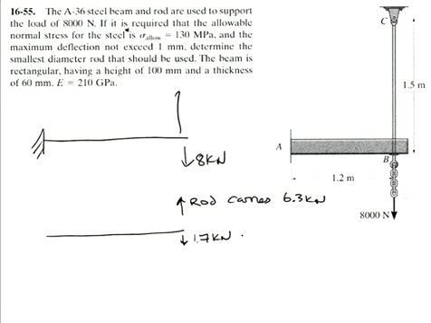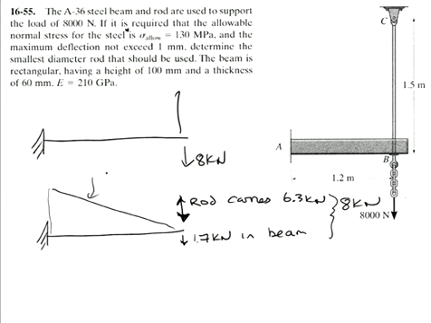So 1.7 in beam, rod carries 6.3, and this adds up to our 8 kilonewton. So the bending moment diagram here looks like so. It's triangular, and our bending moment here would be 1.7 kilonewton times 1.2 metres, which gives us a moment of 2.03 kilonewton metre.